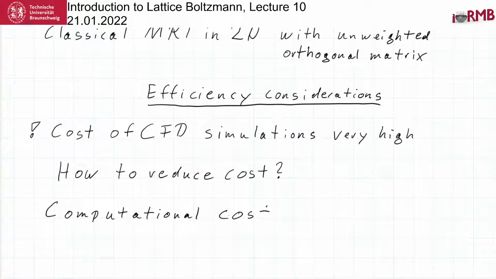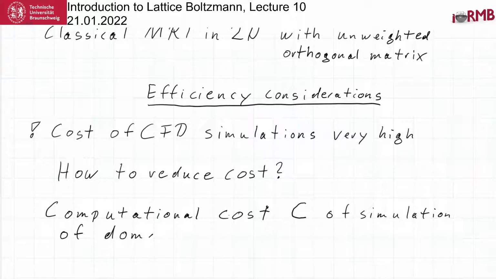So the computational cost could, in principle, be different things, for example, the amount of memory that you need. But mostly we assume that the cost C of a simulation is the time that the simulation takes. And this is, of course, dependent on what you want to simulate.